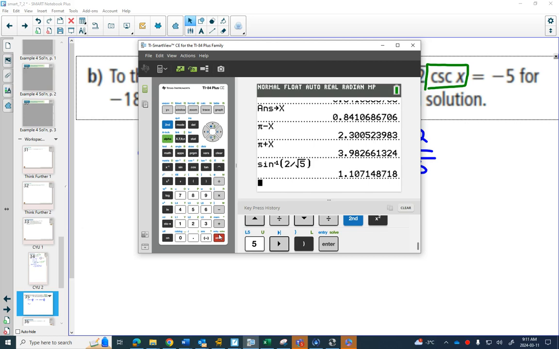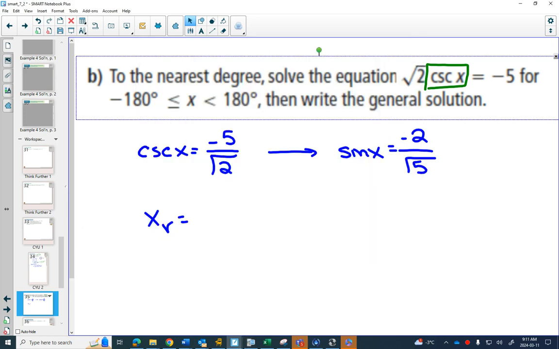And I get a reference angle of 1.107. And sine is negative, so we know that our answers are going to be in quadrants 3 and 4.